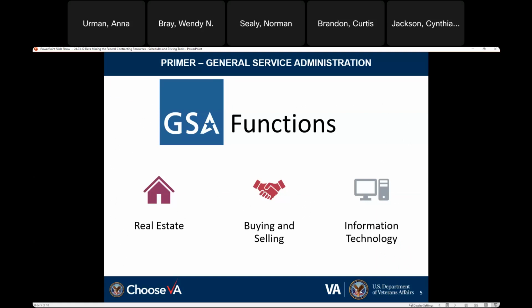GSA, the General Services Administration, is a federal agency, and they have three major portfolios. They manage most of general US-based office buildings for the federal government. So with VA, for example, they manage our office building facilities. We have an exemption. We manage our own hospital medical facilities. Those are separate. GSA also doesn't have as many holdings outside the country.